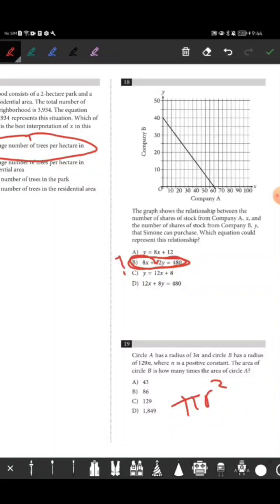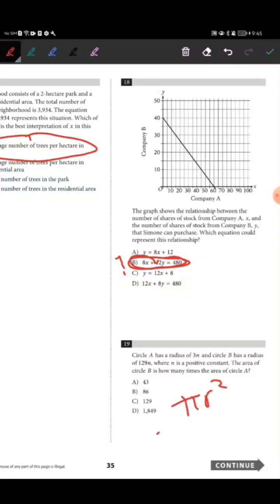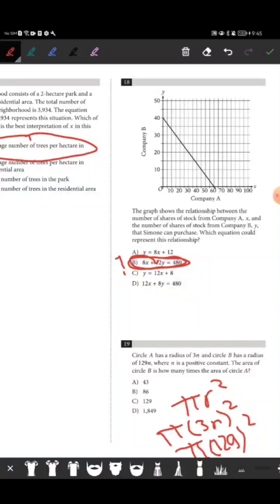So let's check the radius. So the radius of the first one is pi 3n squared, and the radius of the second one is pi 129n squared. So how could we solve a question like that?